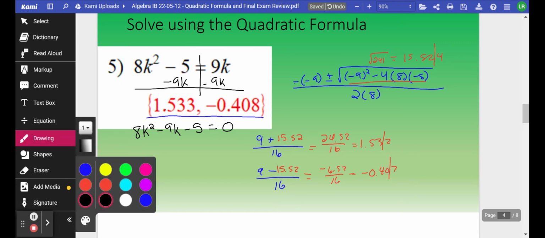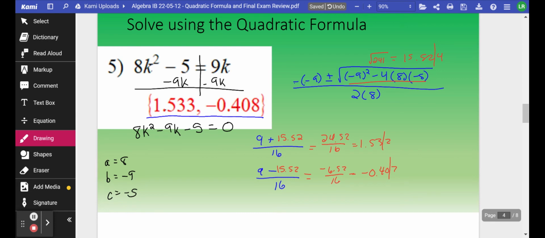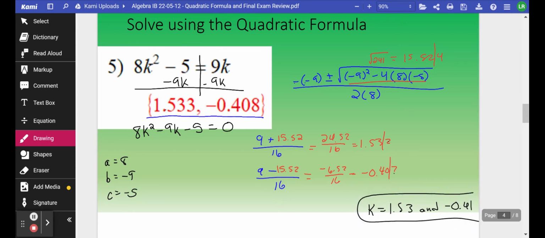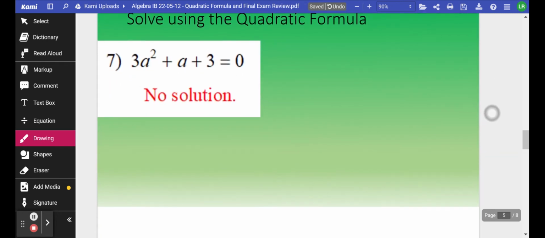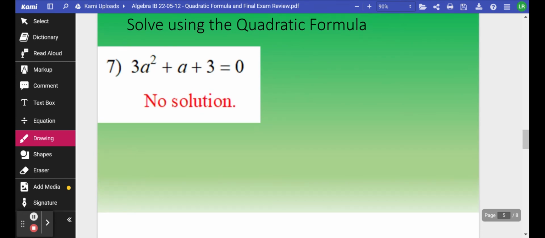So my final answers: equals 1.53 and negative 0.41. That's our two solutions. Okay, let's do the same thing, quadratic formula. So please pause the video and let students complete this problem.